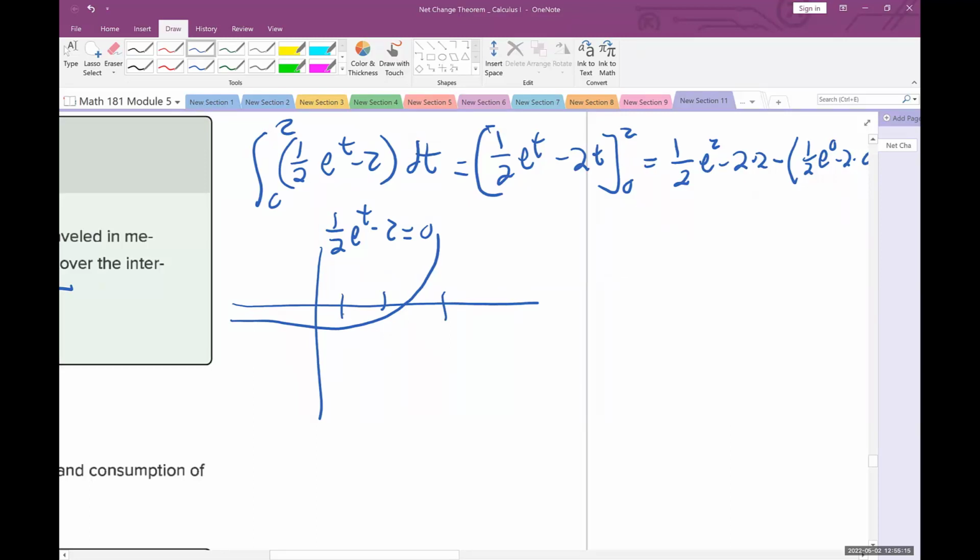Okay. So we take 1/2 e to the t minus 2, set it equal to 0. So that's 1/2 e to the t equals 2, e to the t equals 4. So t equals the natural log of 4, which is what? I get 1.38629.